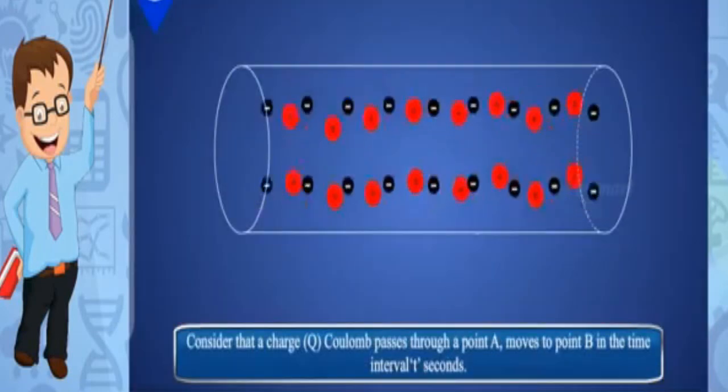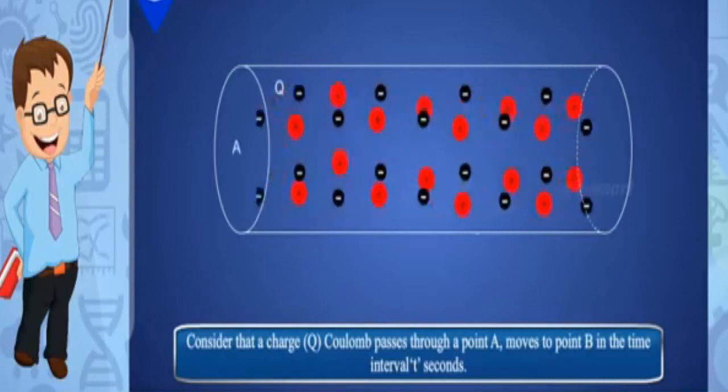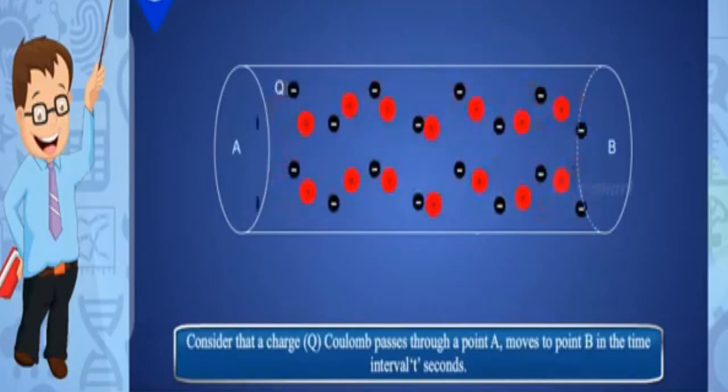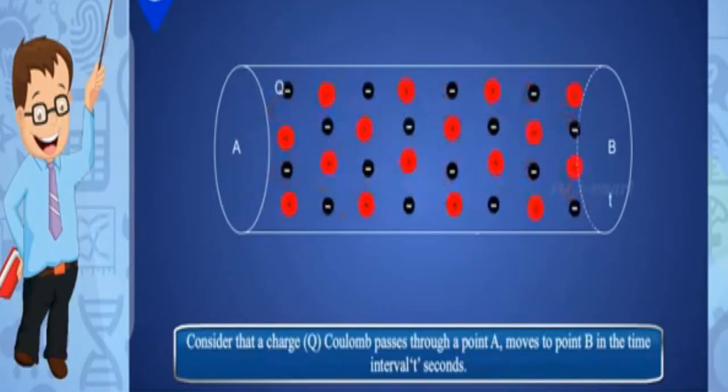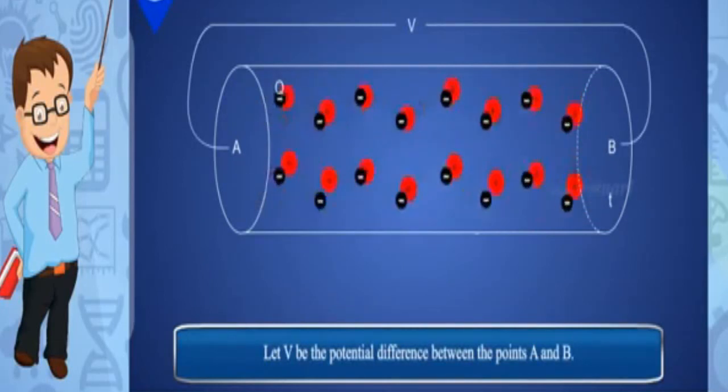Consider that a charge Q coulomb passes through a point A and moves to point B in the time interval t seconds. Let V be the potential difference between the points A and B.